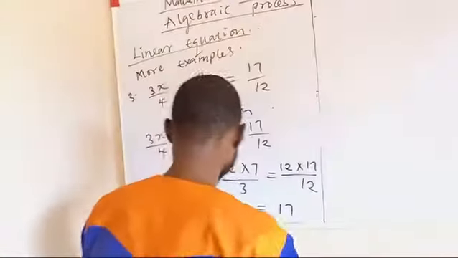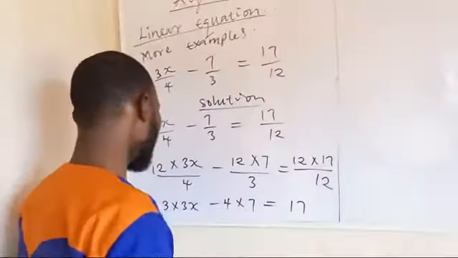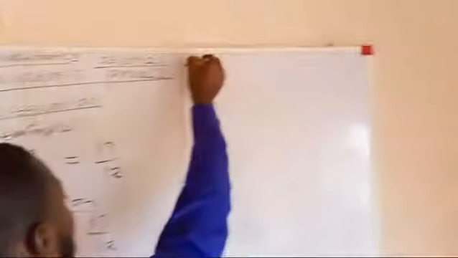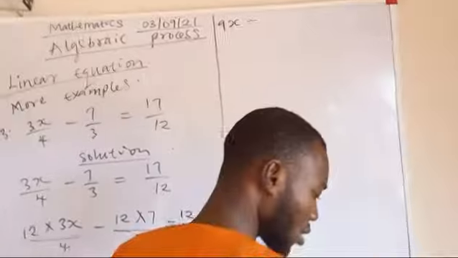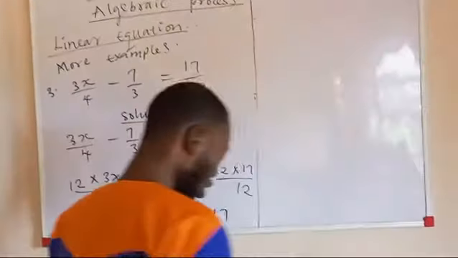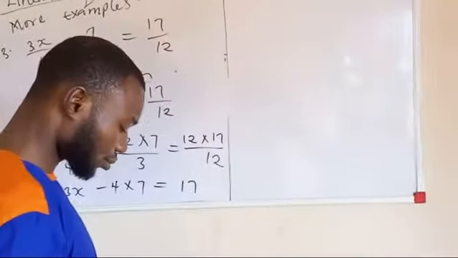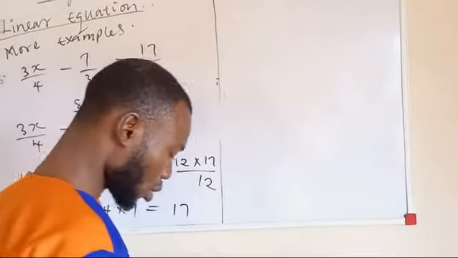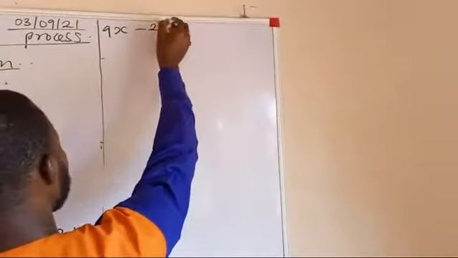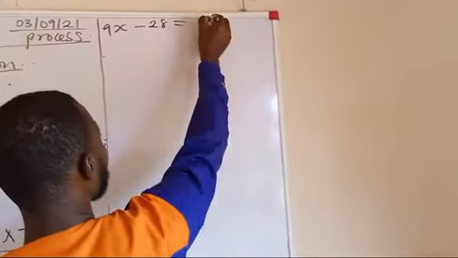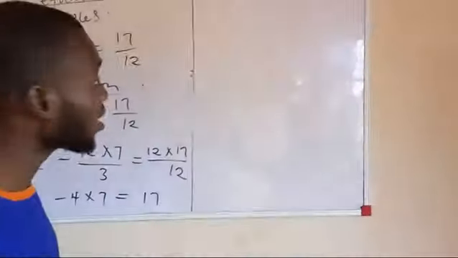We multiply 3 times 3x to give us 9x, minus 4 times 7, just to confirm, will give us 28, minus 28 is equal to 17. It is now a linear form.